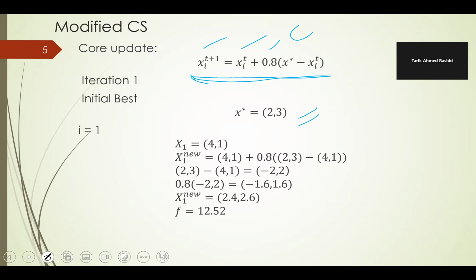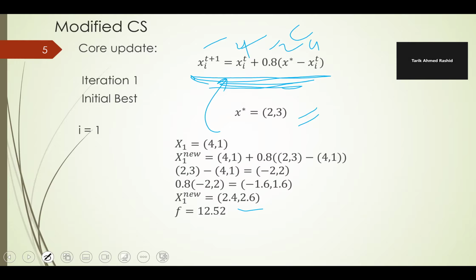And then for x1, we have 4 by 1. We plug them into the update equation, and we try to find the x new value. So 4 by 1, that's 4, and that's 2 minus 4. You plug x1 into that equation.